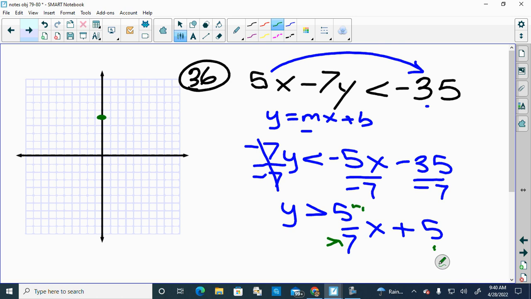Remember, this is your rise, and this is your run. So rise up 1, 2, 3, 4, 5. And left or right? 7. 1, 2, 3, 4, 5, 6, 7. So I'm connecting this dot and this dot. Is it going to be a solid line or a dash line? Dash.